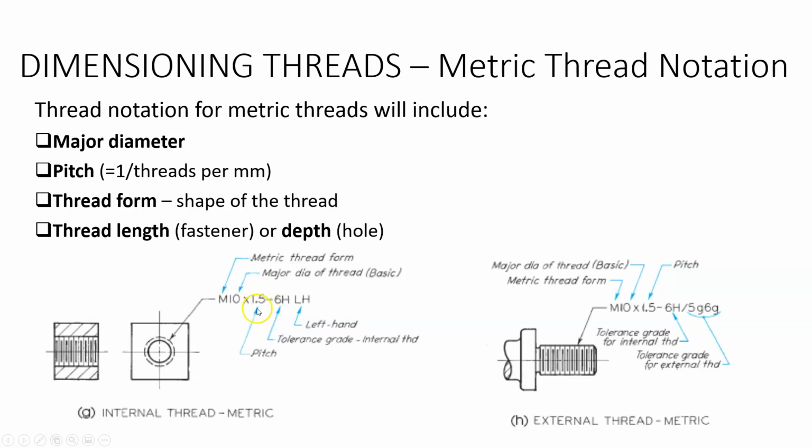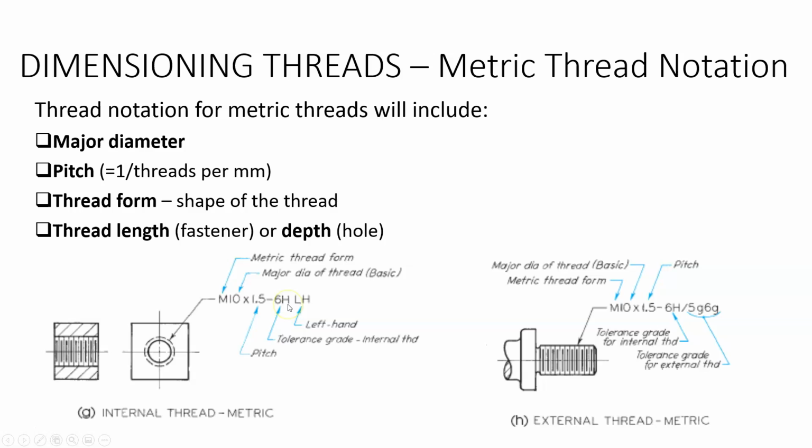By 1.5 is the pitch, so what that means is 1.5 millimeters between threads, or 1.5 threads per millimeter, or 3 threads every 2 millimeters.